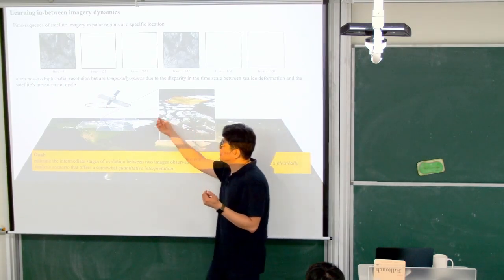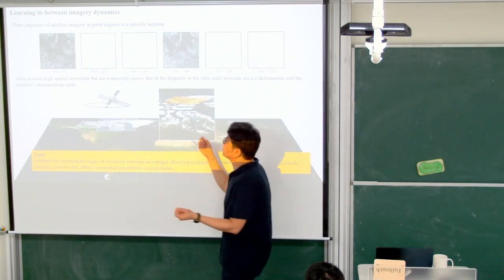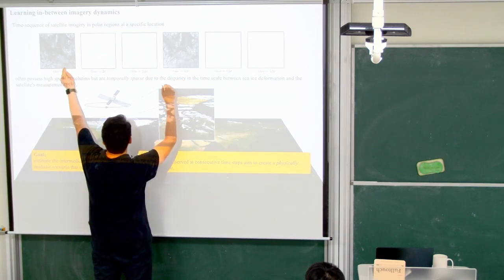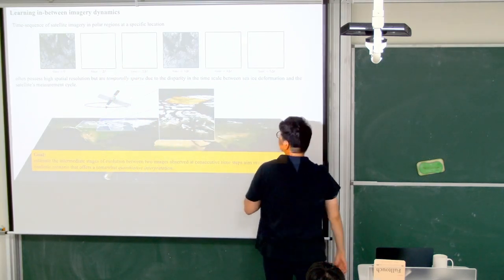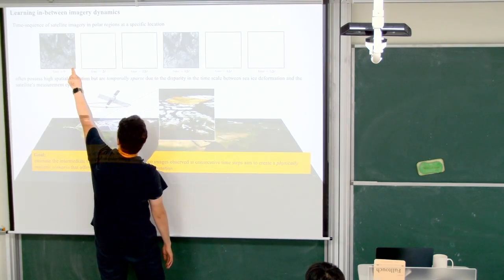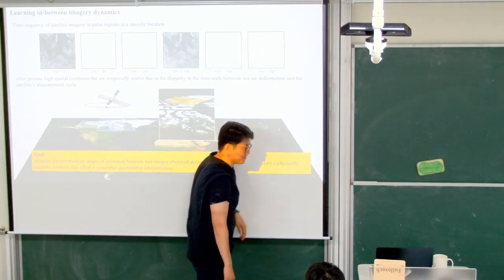But the periodicity is quite long. So I want to measure, but we don't know exactly the details in between. So our goal is to estimate how the initial condition evolves to the destination.